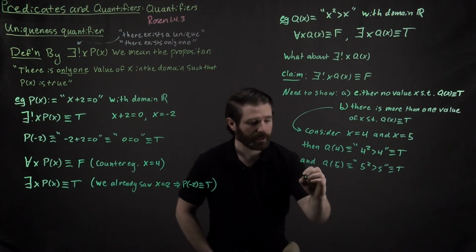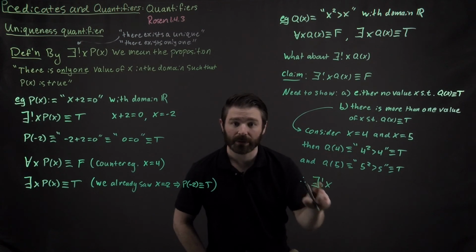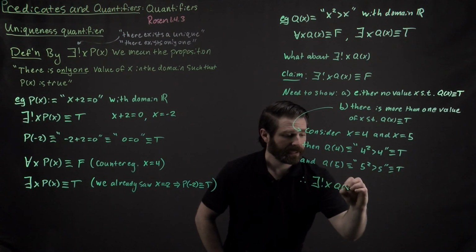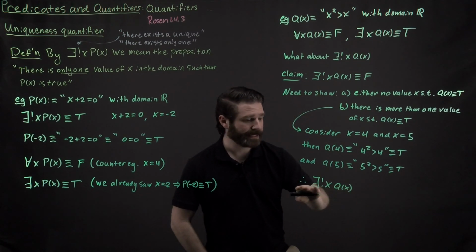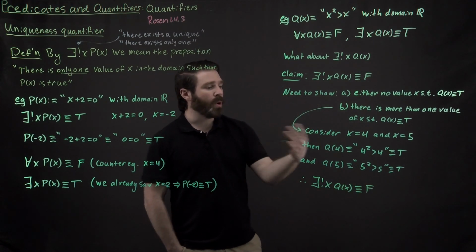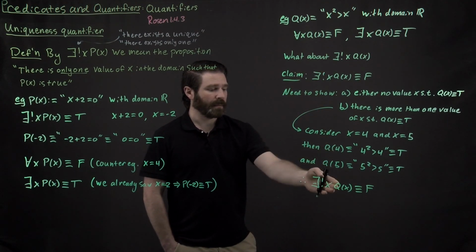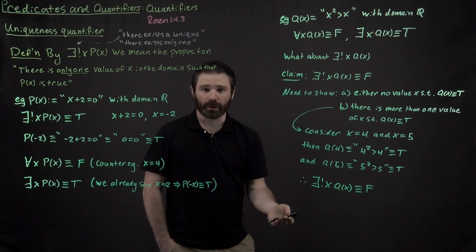So therefore, there exists a unique real number such that q of x, that proposition right there, is false. There's more than one value in my domain that would make my propositional function here true.